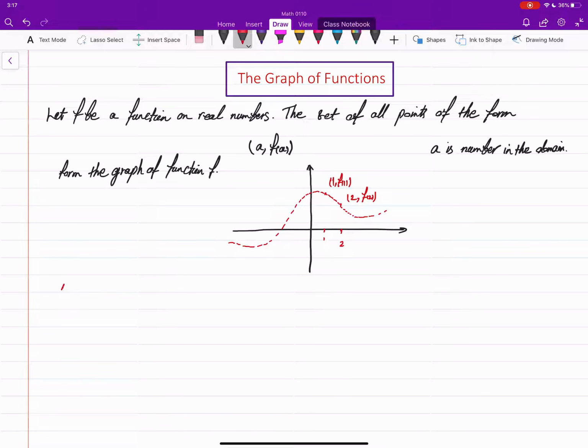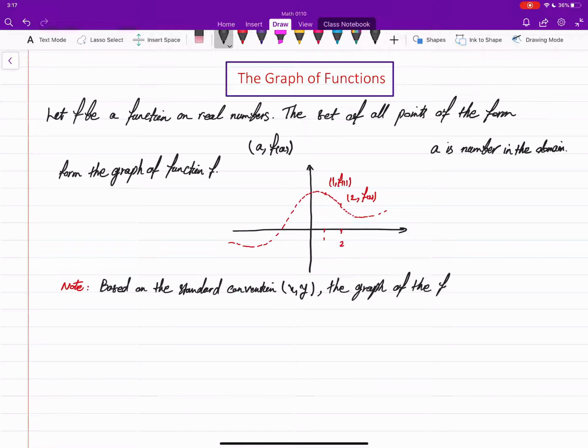One thing as a remark is that if we take the first component to be x and the second component to be y, based on the standard convention, the graph of the function is obtained by setting the second component to be the value of the function at the first component.